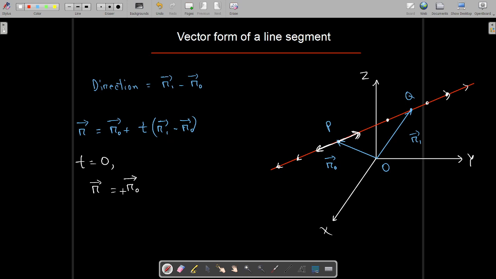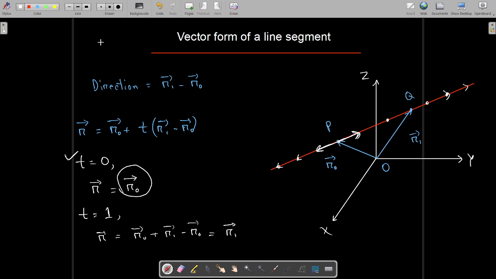This will become 0. And if t is equal to let's say 1, then the equation becomes R0, I am putting t equal to 1 and opening the bracket, then R1 minus R0. So R0 and R0 get cancelled out, so it remains with just R1. So R becomes R1.